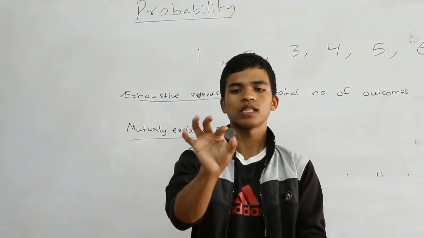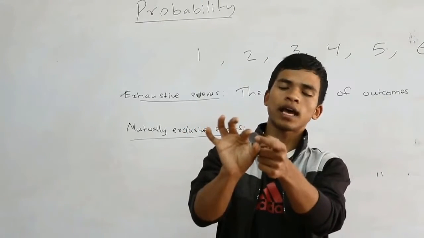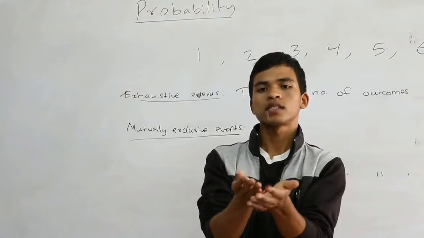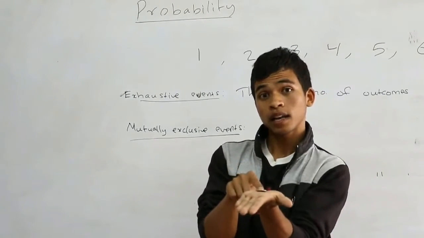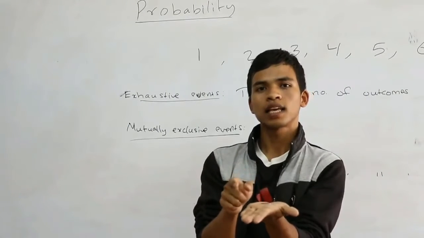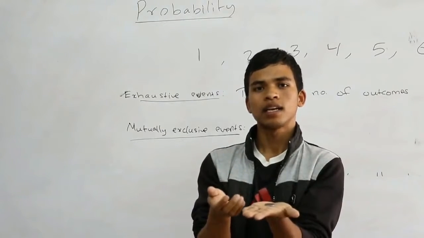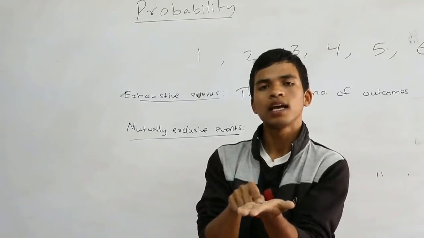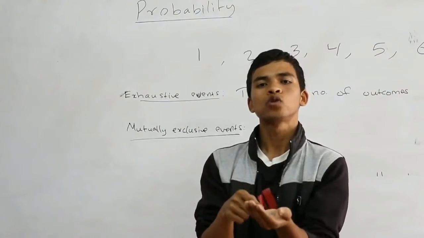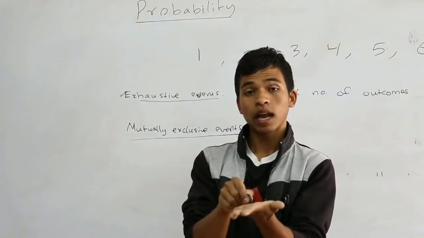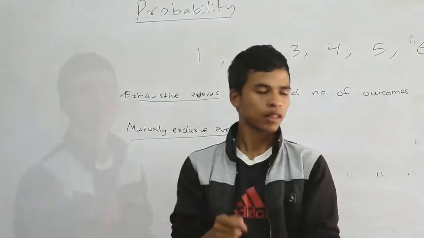A coin has two faces, one we call head and the other we call tail. When you toss a coin once, either it will show head or it will show tail, but it can never show both head and tail at the same time, right? So the event of getting head and the event of getting tail are said to be mutually exclusive. Why? Because they cannot appear at the same time.